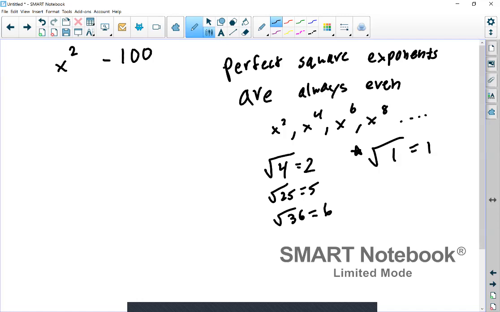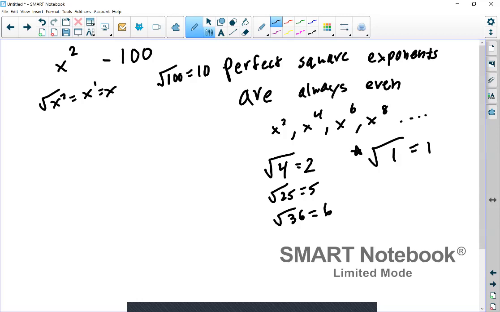So when perfect square exponents are even, all we're doing is dividing that number by 2. So the square root of x squared would just be x to the first, which is just x. Square root of 100 is 10. So we know we have two perfect squares here, so this works.